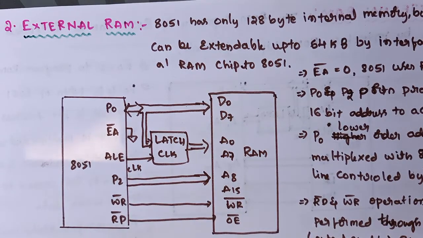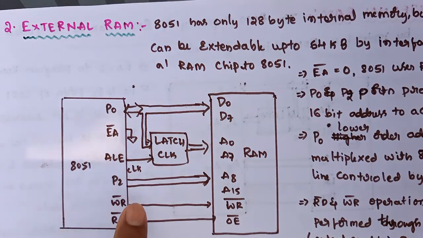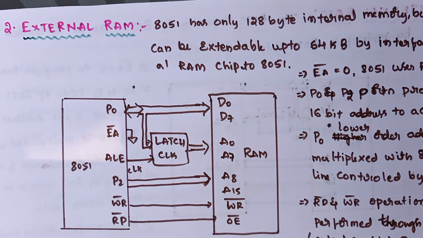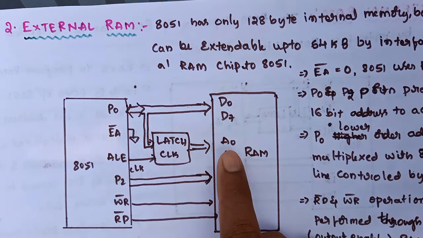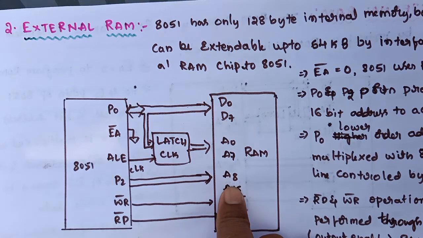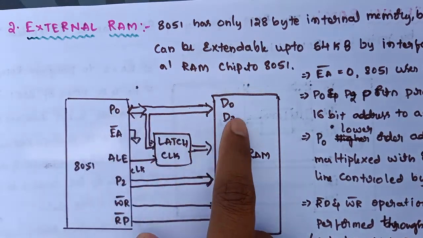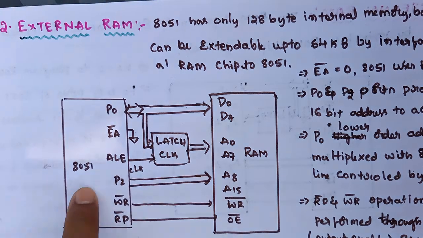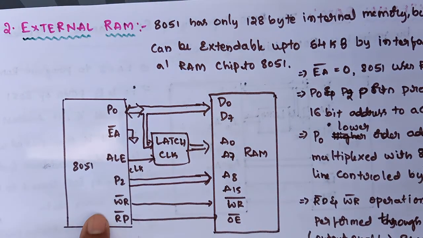So during accessing the RAM, first we need to enable the address pins, that is, which information in the RAM we need to fetch, or which location we need to fetch. That can be done by enabling the lower order and higher order address and putting particular data through a data line from 8051 and reading the information.